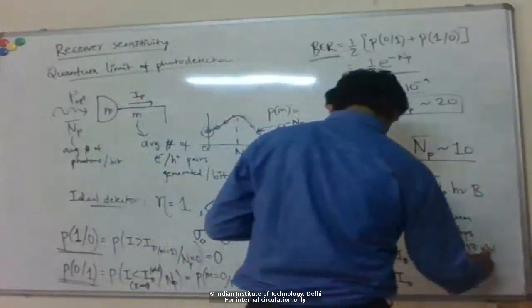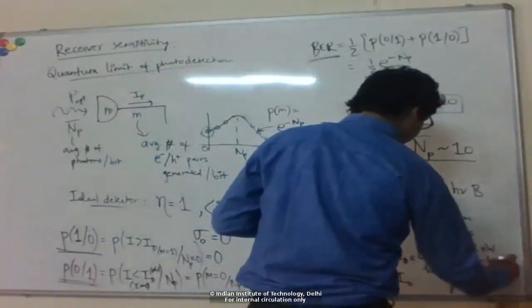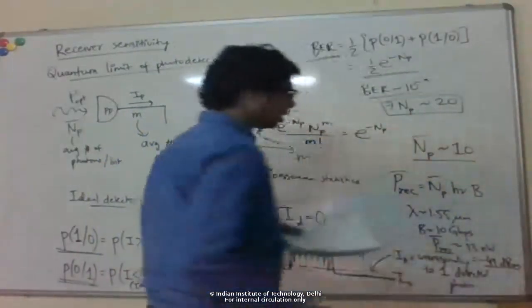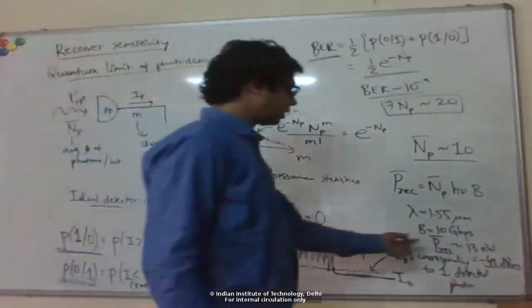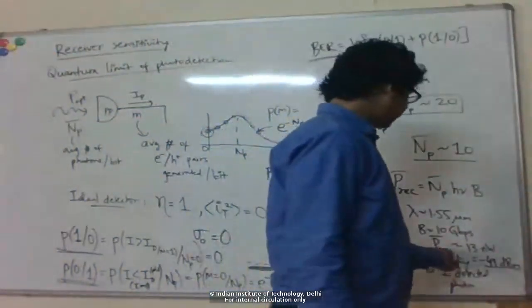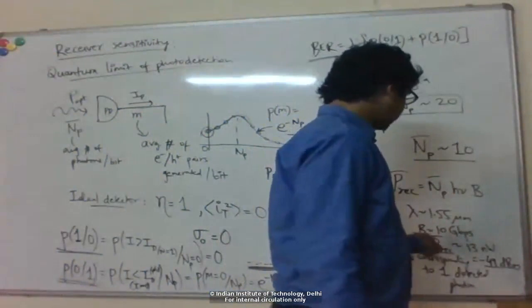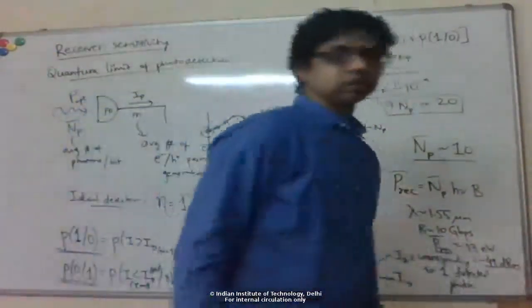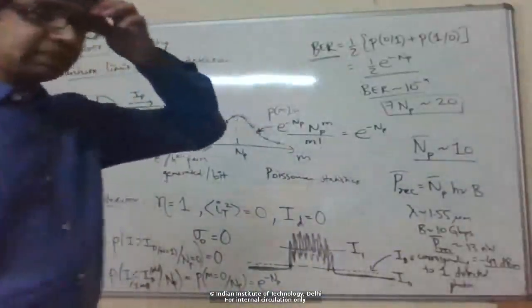Okay, or in dBm, this is about minus 49 dBm. Okay, so that's the best you can do. Even with an ideal photodetector, the receiver sensitivity for a bit rate of 10 gigabit per second would be minus 49 dBm. That much power you will still need to get 10 to the minus 9 bit error rate.